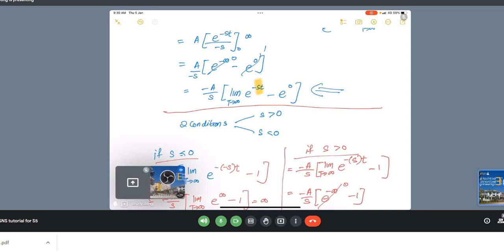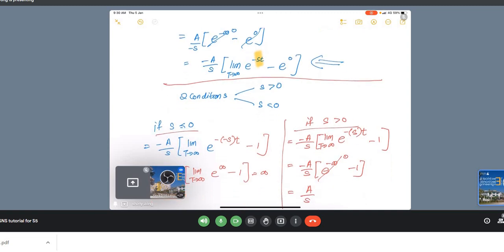Because when you substitute the t with infinity, exponent negative infinity, you obtain 0. If exponent power of positive infinity, you will get infinity. So this is the difference.